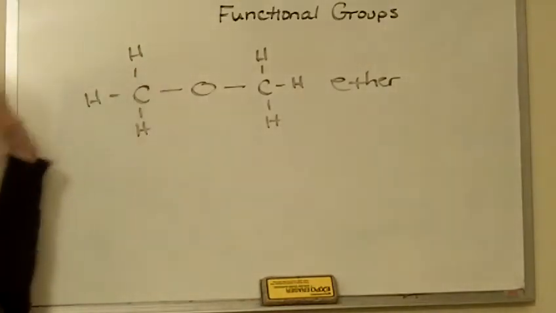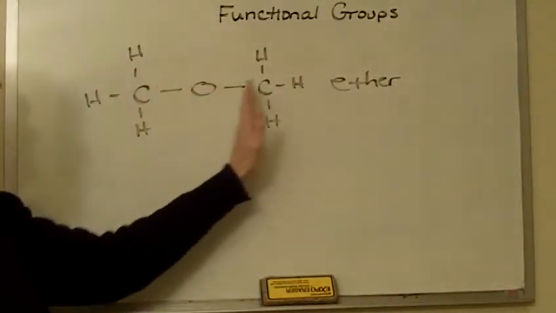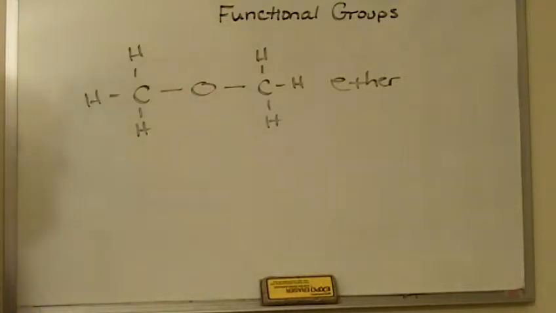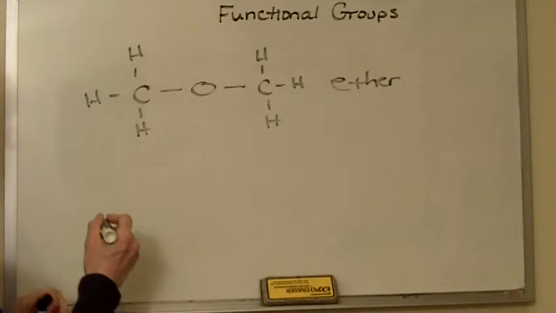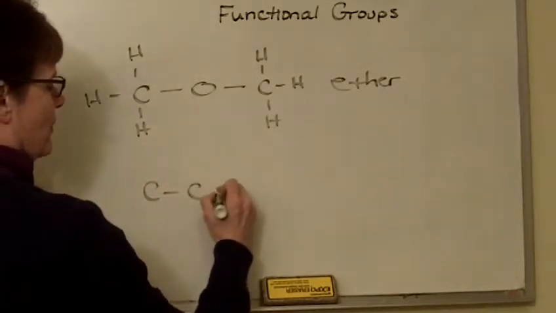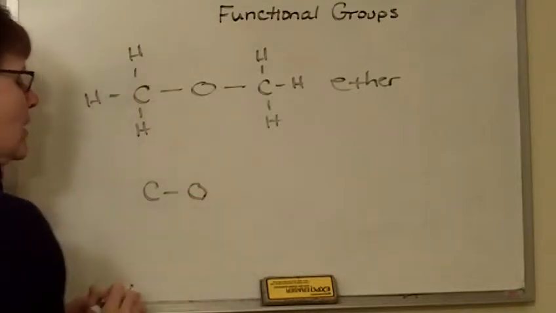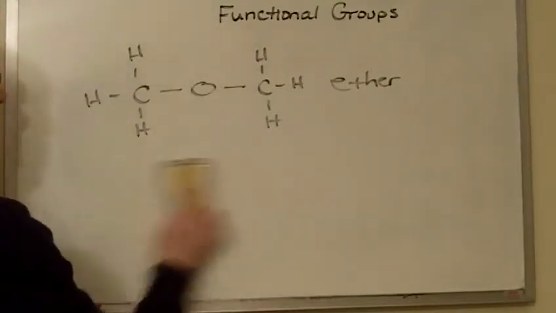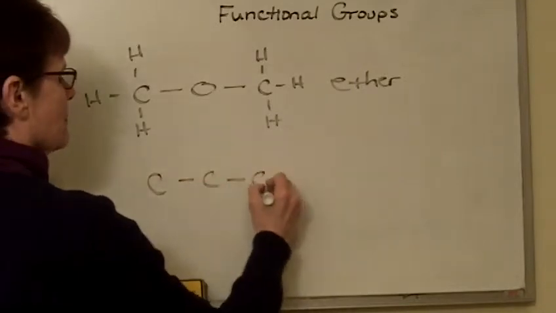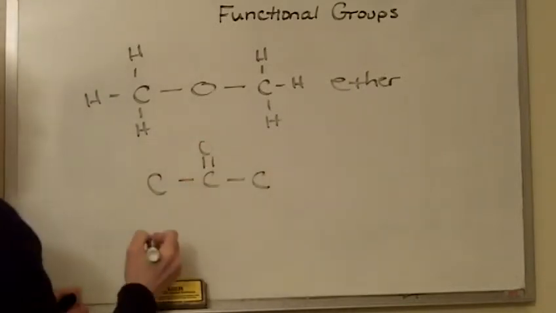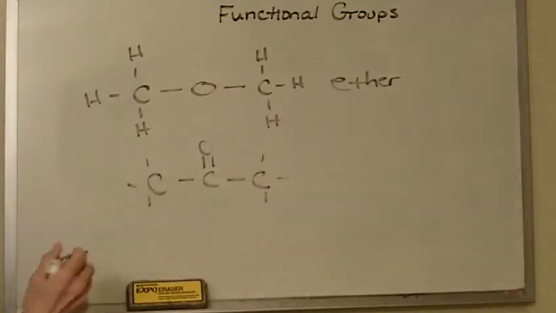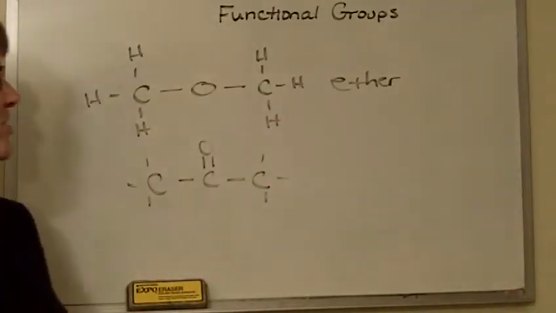So you can put any number of carbons you want on either side of this oxygen, but it's the oxygen in the middle that is the functional group. And then 2 other things also contain oxygen, and one is, I'll just add 1 carbon for now. Whoops, I wanted to make that. Just a minute. I'm going to put a double bond there, and then remember that we've got hydrogens on these dashes, which I'm going to be lazy and not show you.